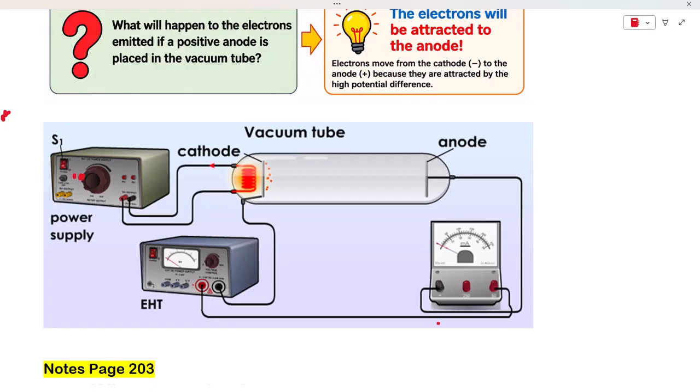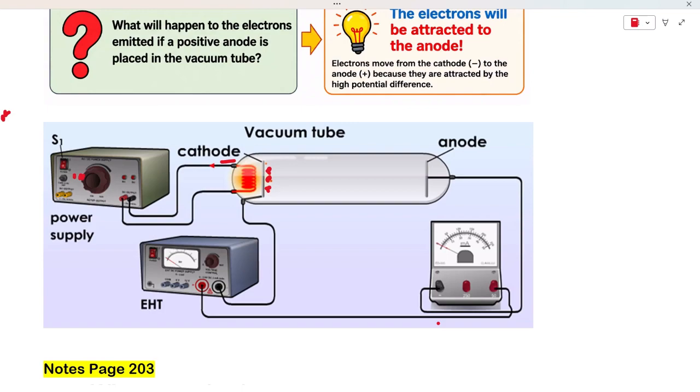This is another setup for the experiment. Here is the filament, which is heated by the low power supply. The filament also acts as a cathode, and electrons are emitted here.